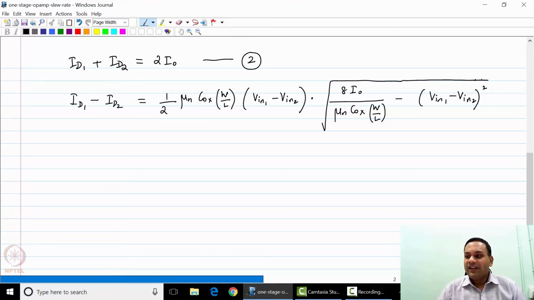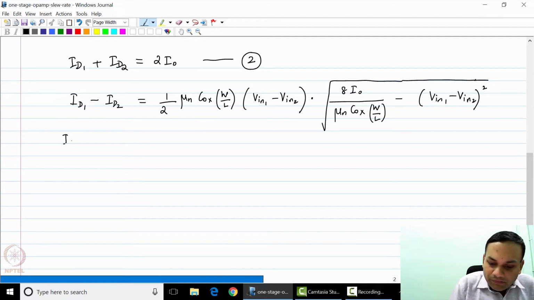Now if V in 1 minus V in 2 becomes large enough, it turns out that this equation is no longer valid, because in writing down these equations, we have assumed that both transistors are in saturation.